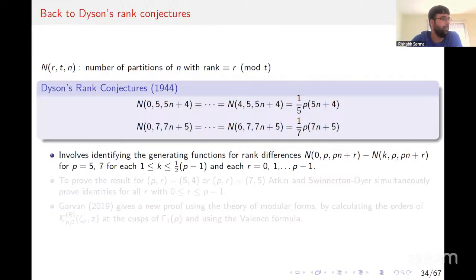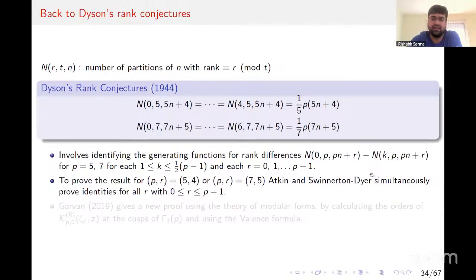And their proof involved identifying the generating function for these rank differences. And to prove the result for 7n plus 5 and 5n plus 4, they simultaneously prove identities for all r from 0 to p minus 1.